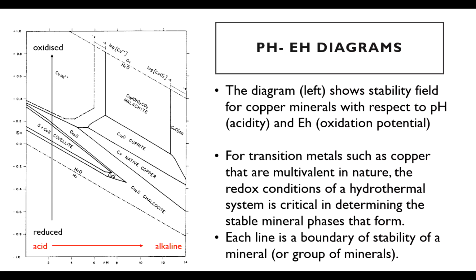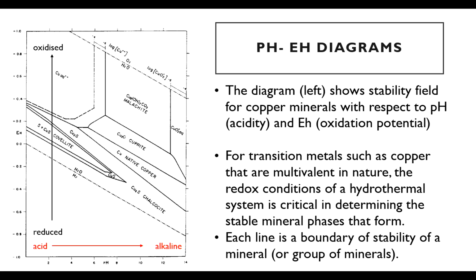So this is oxidation potential versus acidity for copper. Going this way, we're going more alkaline. This way, we can be more acidic and more oxidized. Here's native copper, which has a broad stability range from around 0 to more reduced conditions and a broad spectrum of pH.